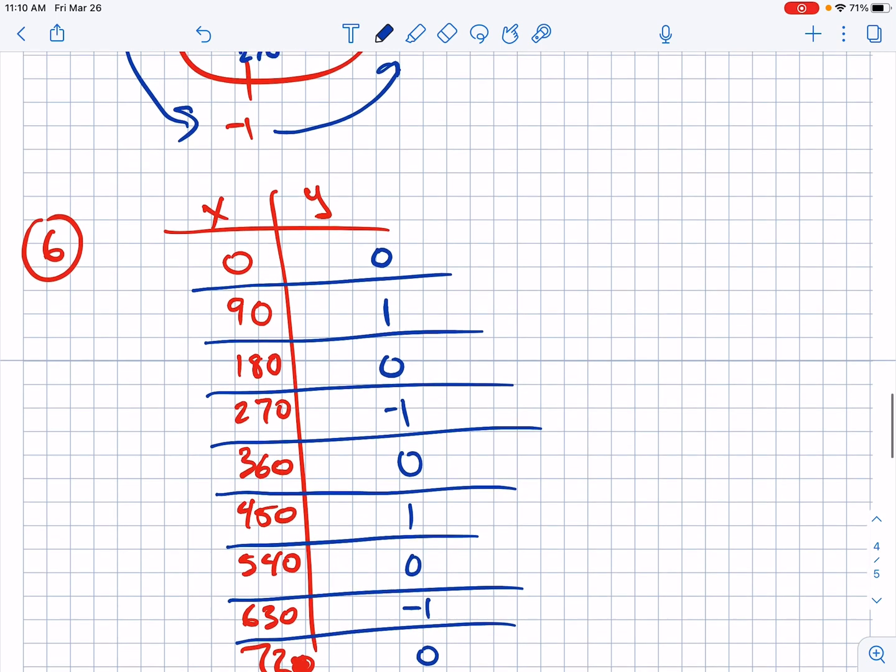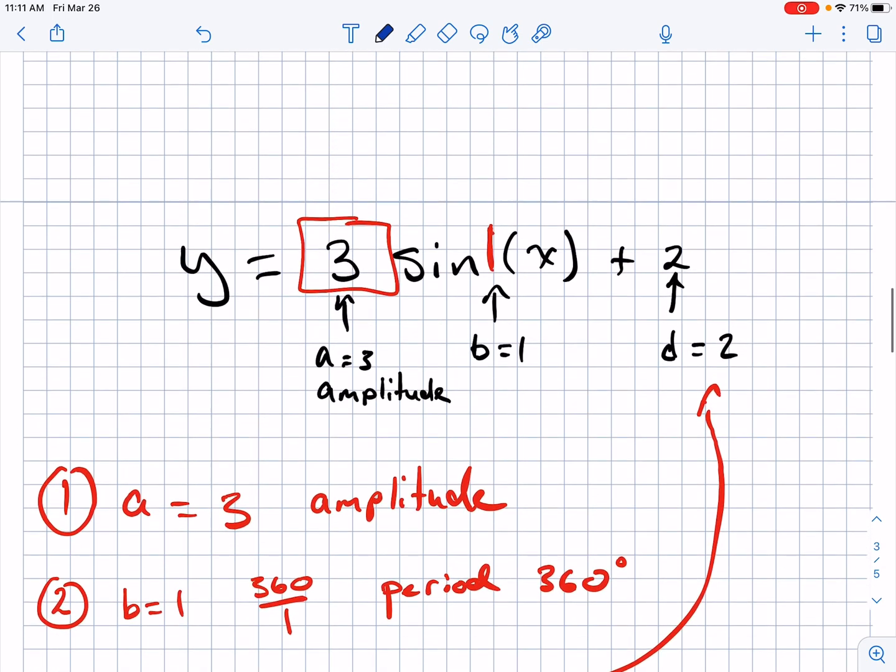Now each of these values is multiplied by 3 and add 2. And that comes from our function, where everything is multiplied by 3 and add 2.